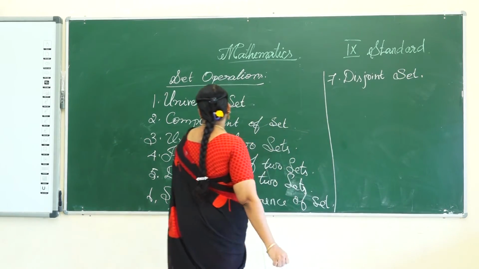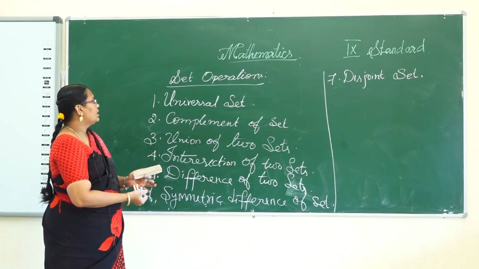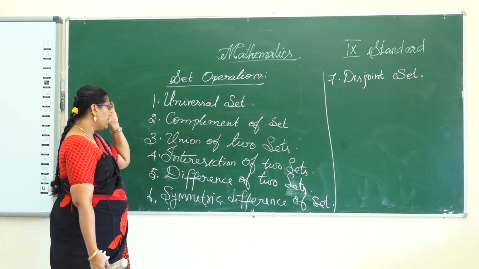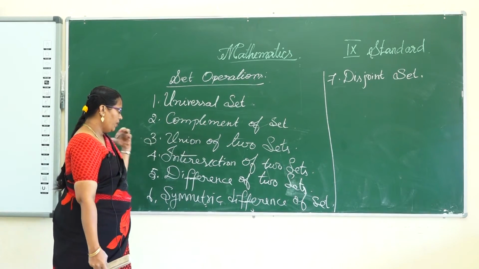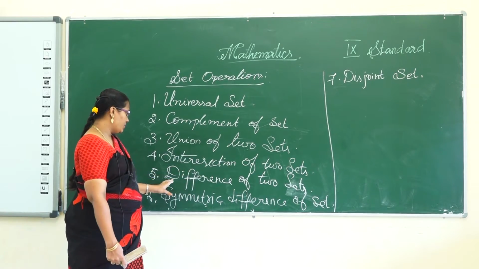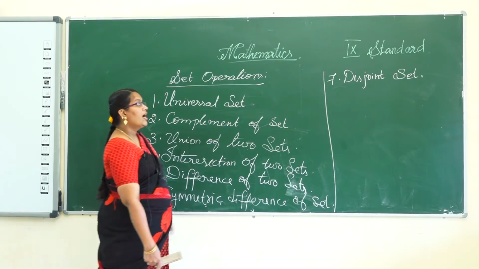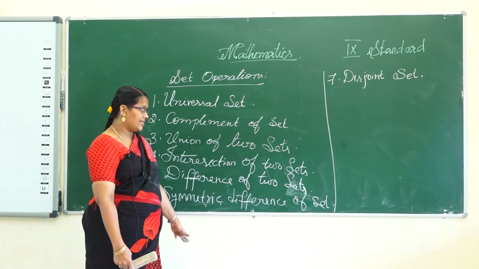So how many types of set operations? Universal set, complement of sets, union of sets, intersection of two sets, difference of two sets, symmetric difference of sets, and the final one is disjoint sets.